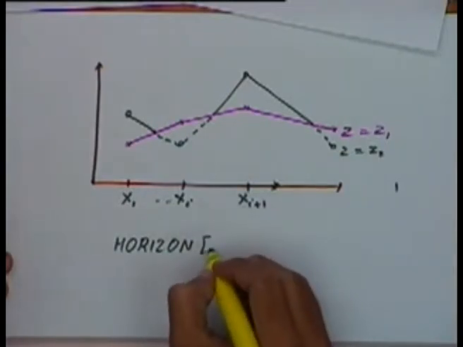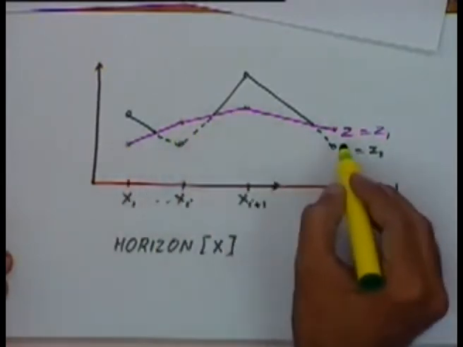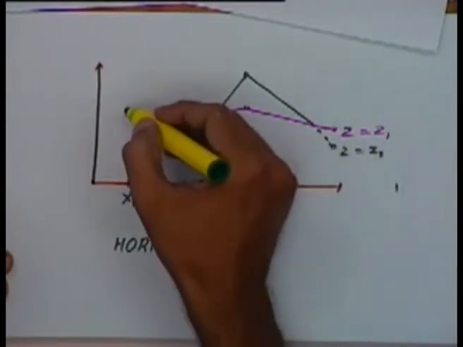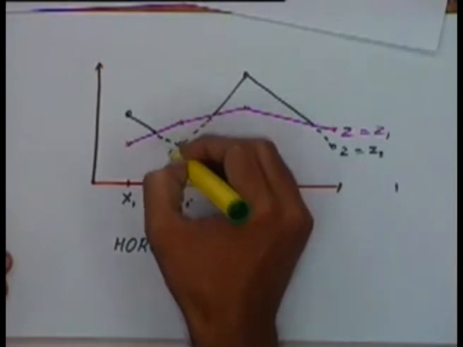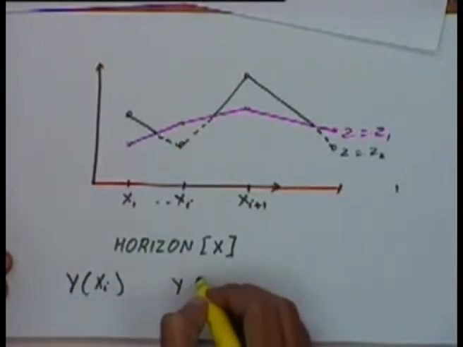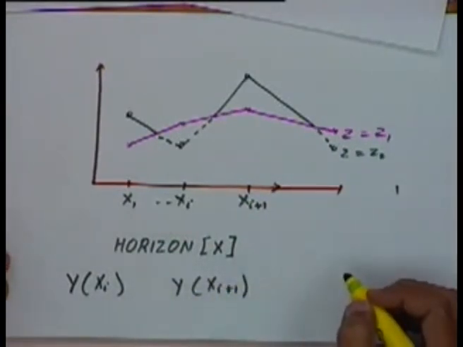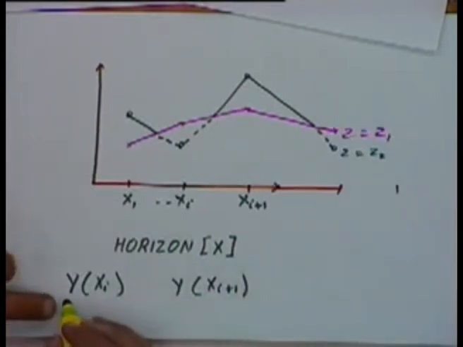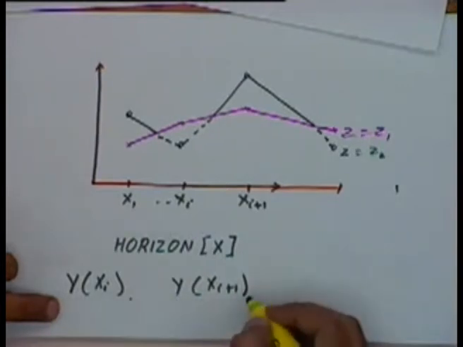When we have displayed a curve or a set of curves, the next curve when we are displaying, let's say for this point and for the next point, we will compute y at xi and y at xi plus 1. We will decide whether the curve is visible at xi and at xi plus 1.